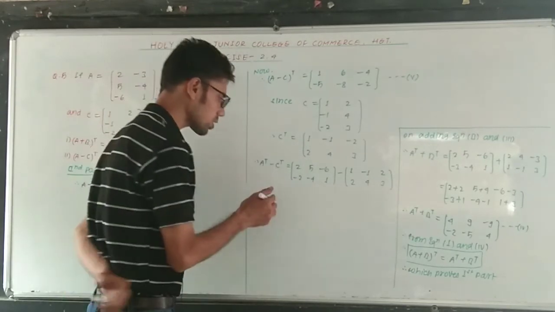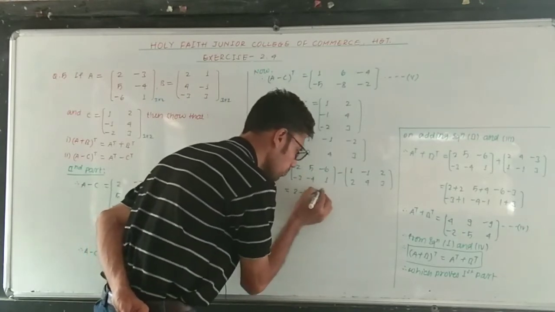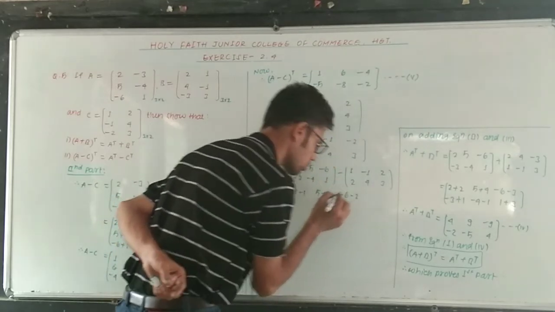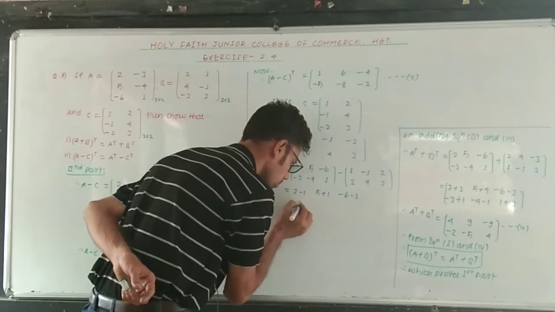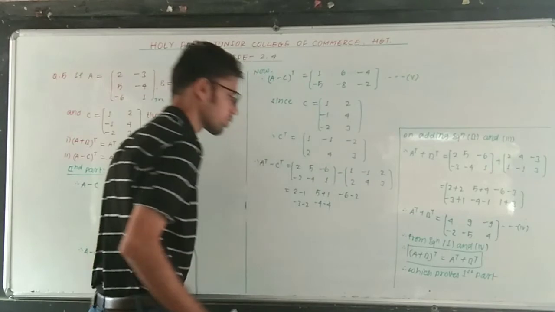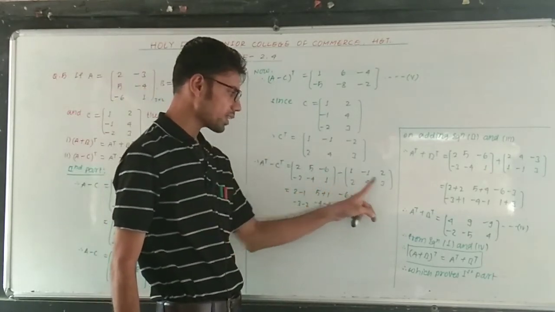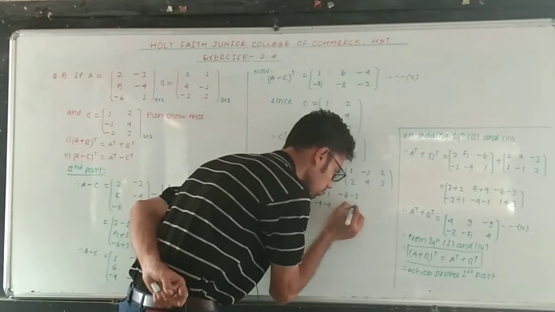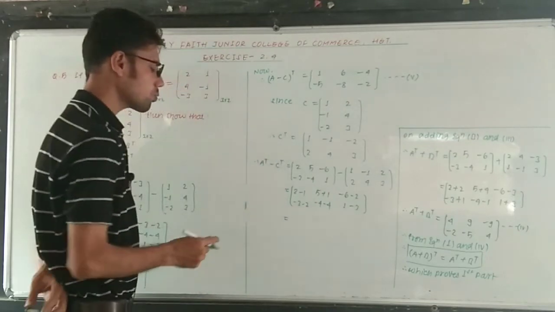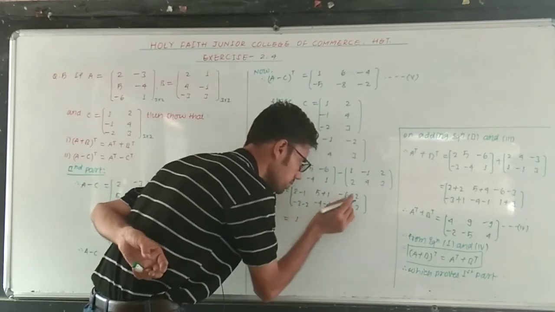Therefore, subtraction is possible. 2 minus 1 becomes plus 1. 5 plus 1 becomes 6.